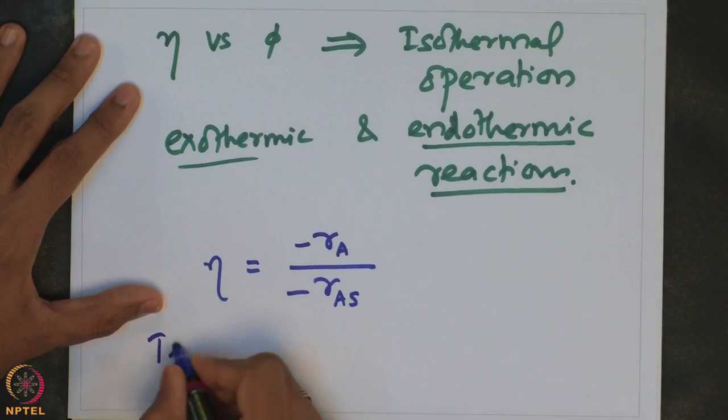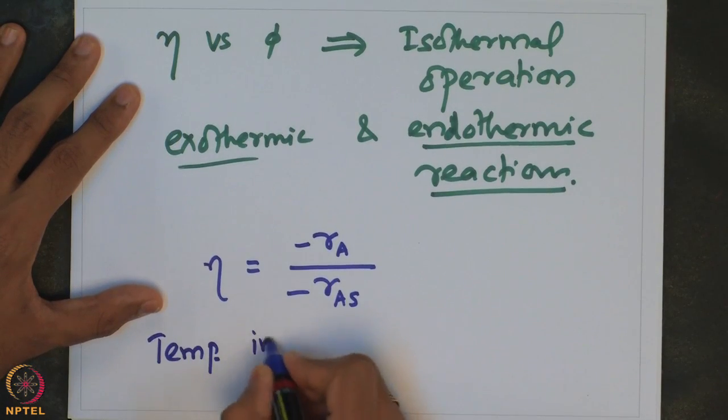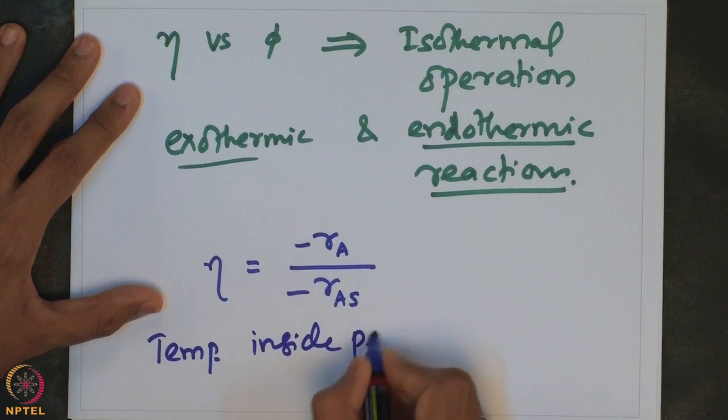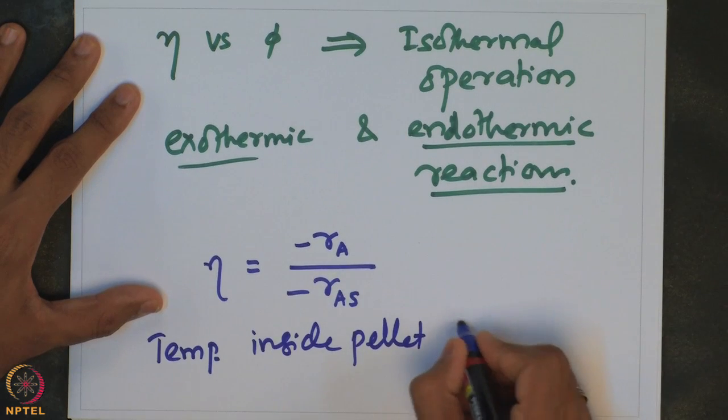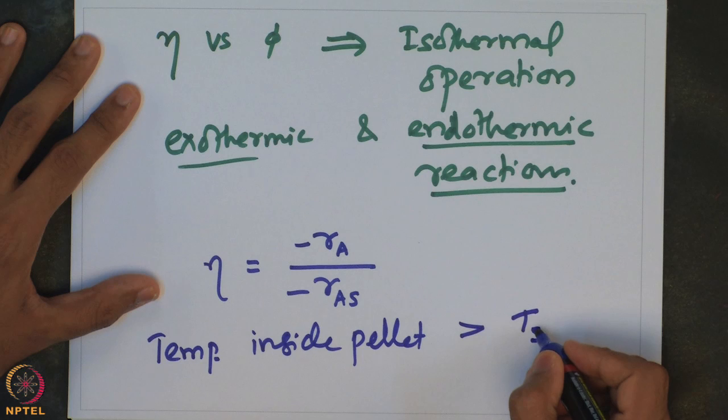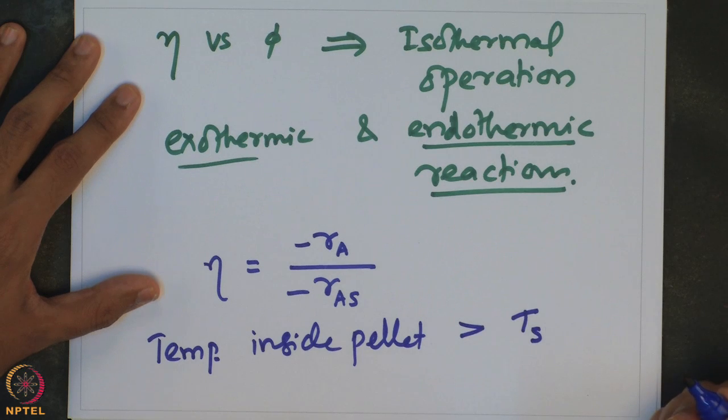Now, if it is an exothermic reaction, then it is possible that the temperature inside the pellet is likely to be higher than the temperature at the external surface of the pellet.